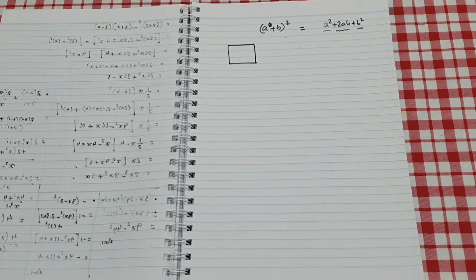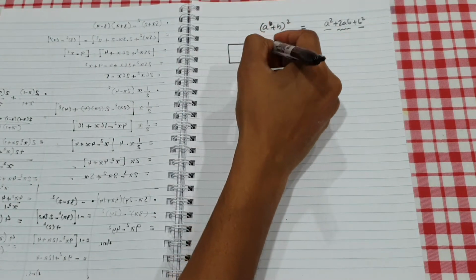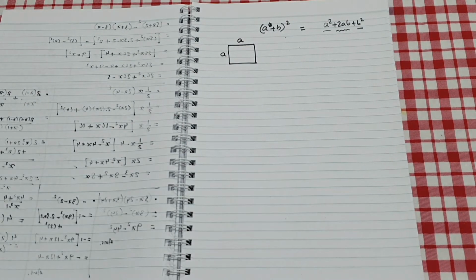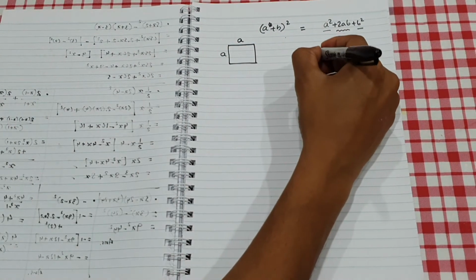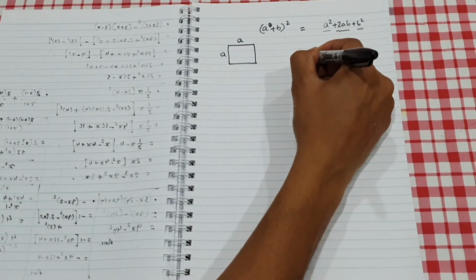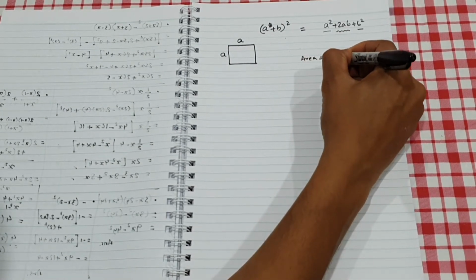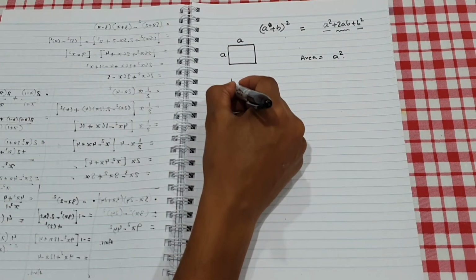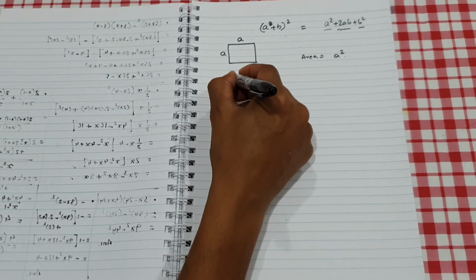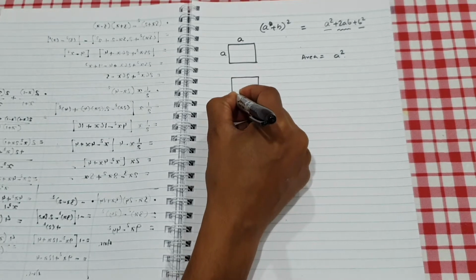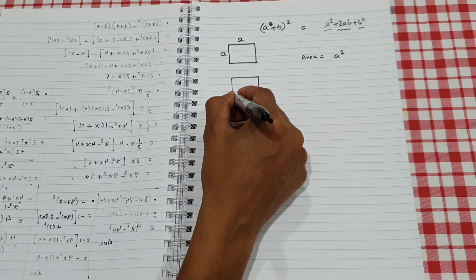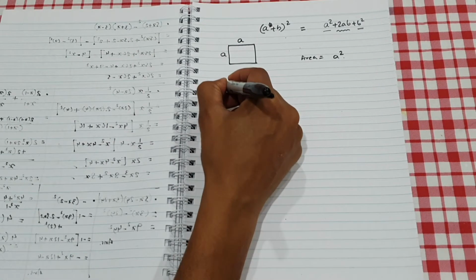Now, let's assume this is a square of side A. What is the area of the square? A times A, which is A squared. Now, this is the original A squared.